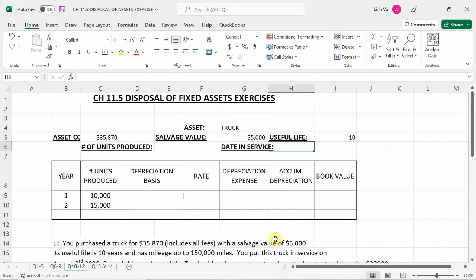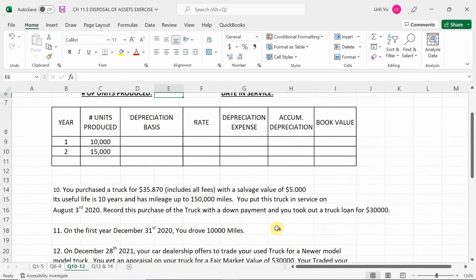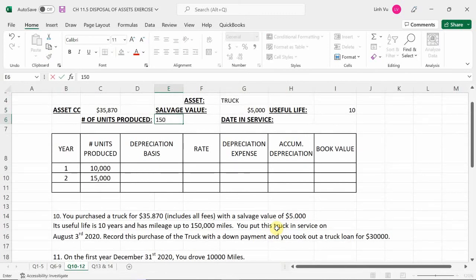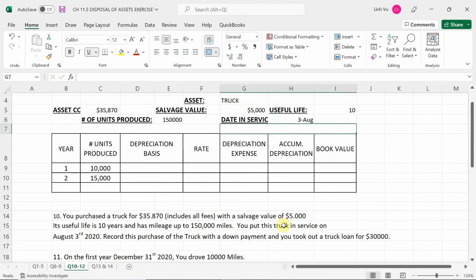And how many miles can it drive? Up to 150,000. And when was the date that I put this into service? So basically, when did I buy it? We purchased it on August 3rd. Okay. So go ahead and complete the table.